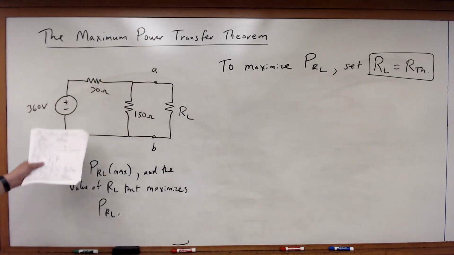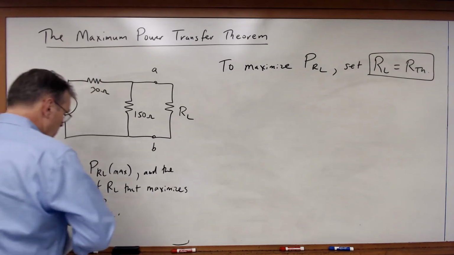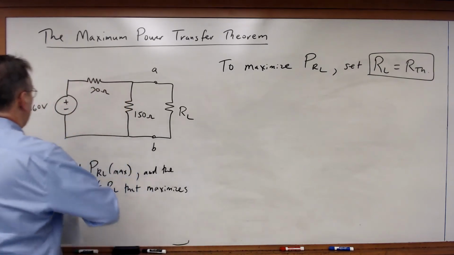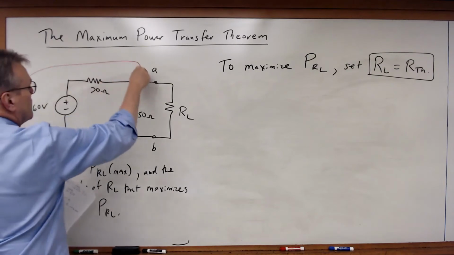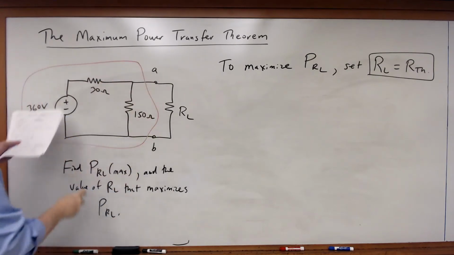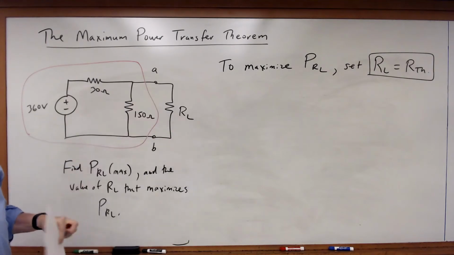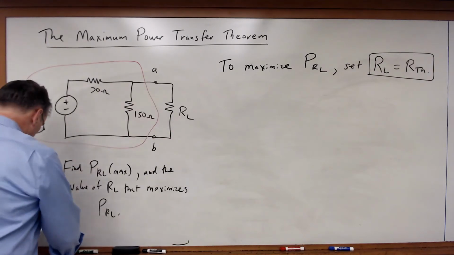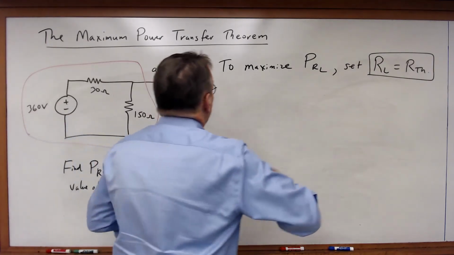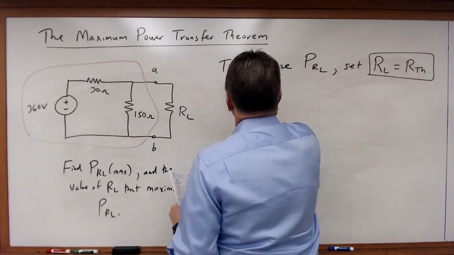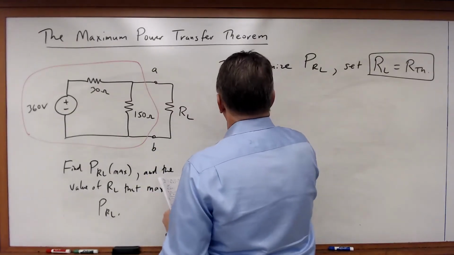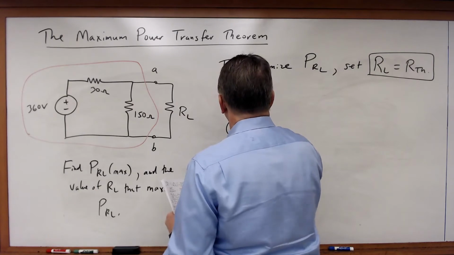So the first step is I'm going to do a Thevenin transformation of this circuit. And to do that, I'm going to remove the load. So first I need my open circuit voltage, VOC, and in this case it's pretty straightforward.